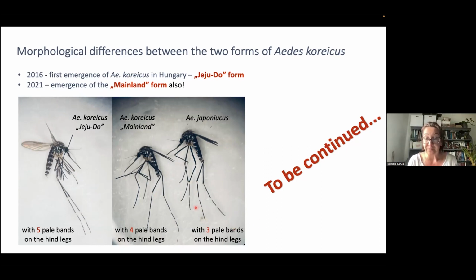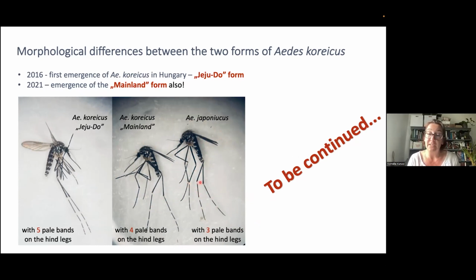Based on pictures, in the Entolab it's very complicated to identify these species well, because in most cases we can't see the thorax, or it's very hard to say whether it's Koreicus or Japonicus.